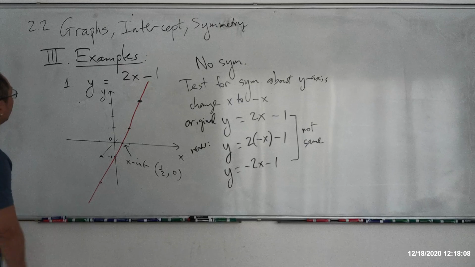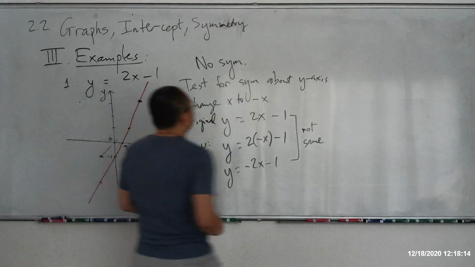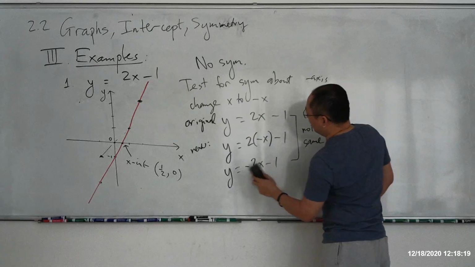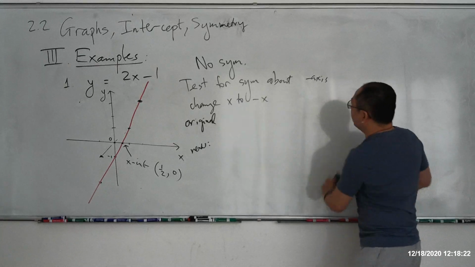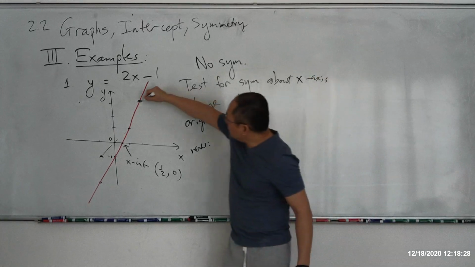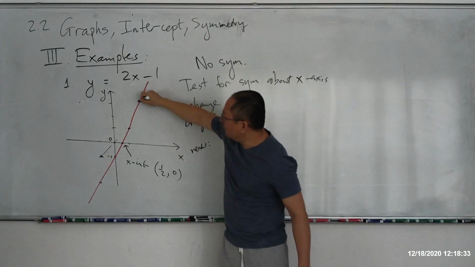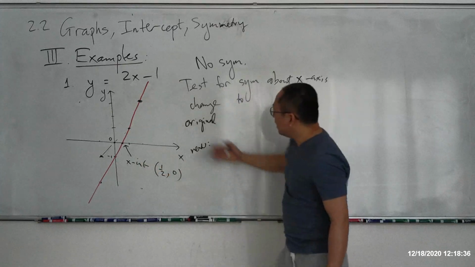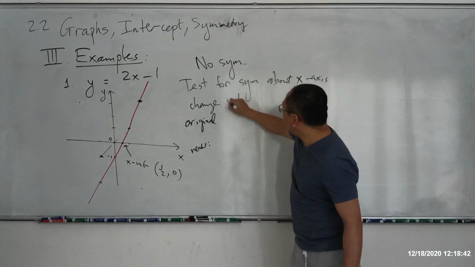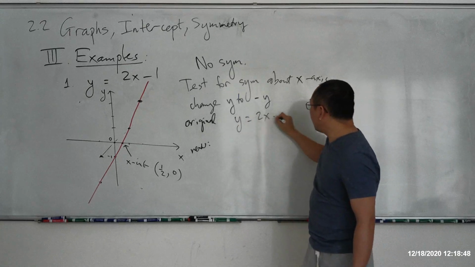Similarly, if I want to test for symmetry about the x-axis, I'm going to do this. Let me cheat a little by not erasing everything. Instead of changing x to negative x, in other words, we have to flip a point from above the x-axis to a point below the x-axis. So what am I changing? Am I changing the y value? Yes. So change y to negative y. My original equation is y equal to 2x minus 1.